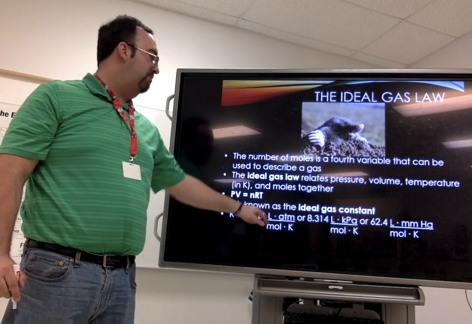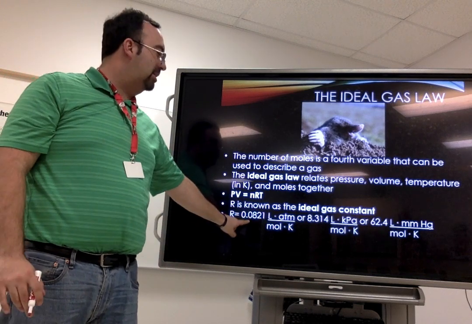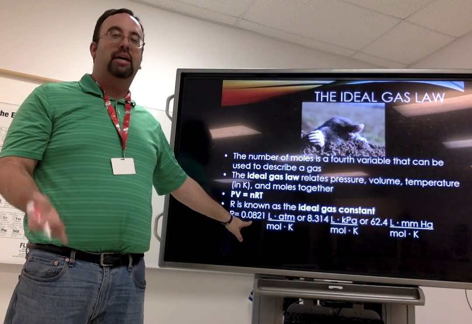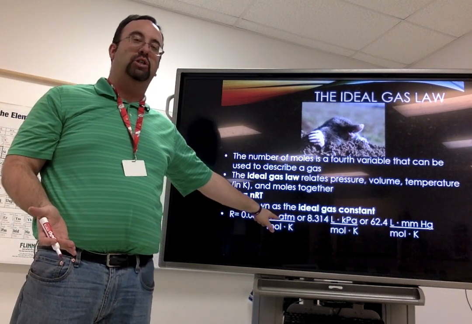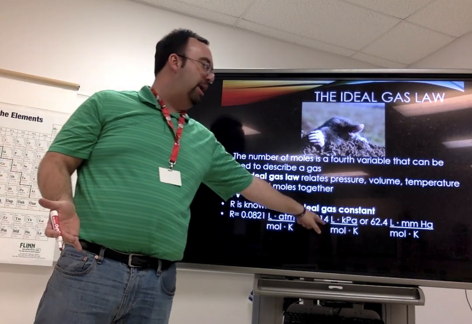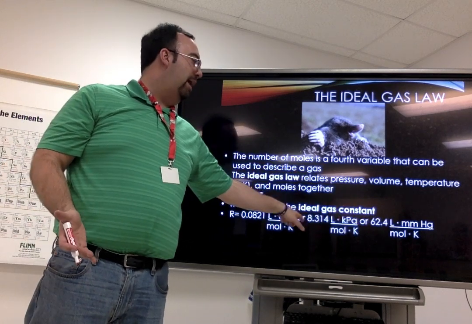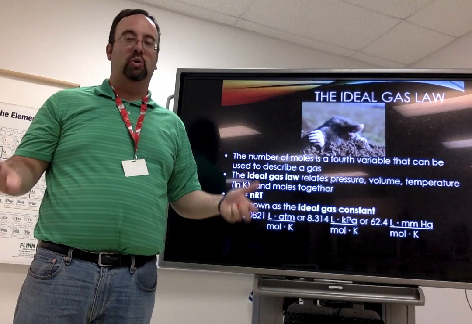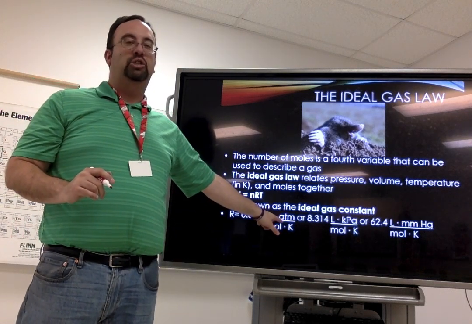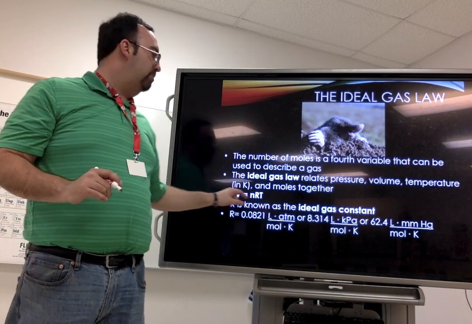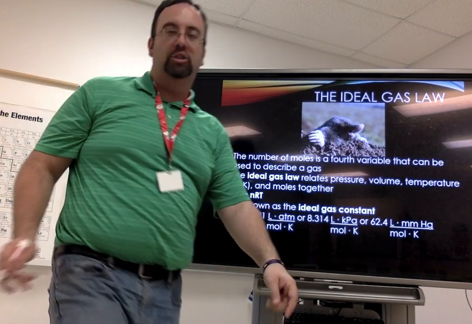We have to use this constant in this problem because the pressure is being measured in atmospheres. If it was measured in kPa or millimeters of mercury, we would have to use these other two gas constants accordingly. But we're going to use this first one because it is in terms of atmosphere. So it's going to be 0.0821, and we'll put that over here.